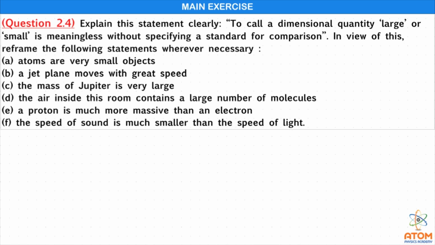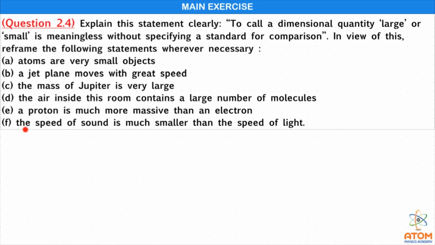Let us see the statements. A. Atoms are very small objects. B. A jet plane moves with great speed. C. The mass of Jupiter is very large. D. The air inside this room contains a large number of molecules. E. A proton is much more massive than an electron.